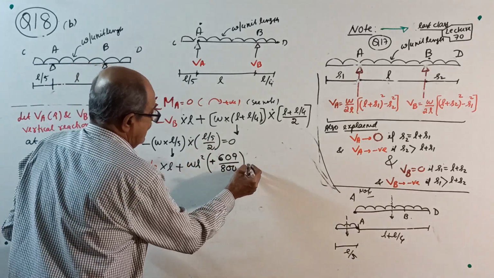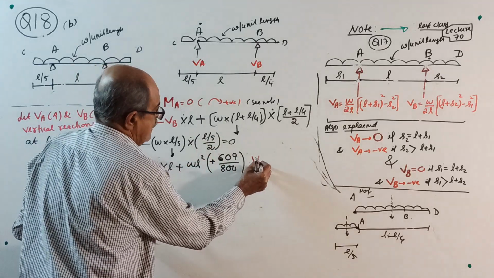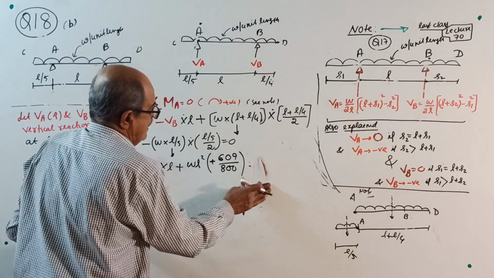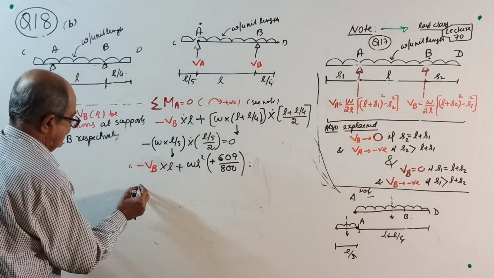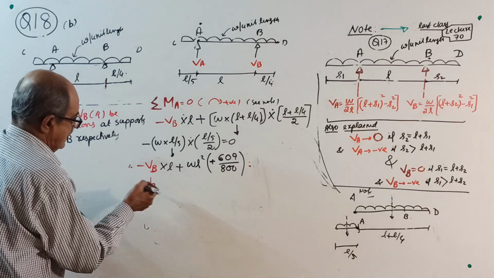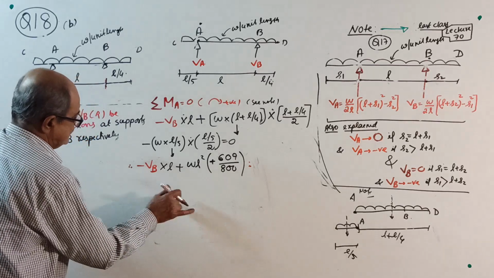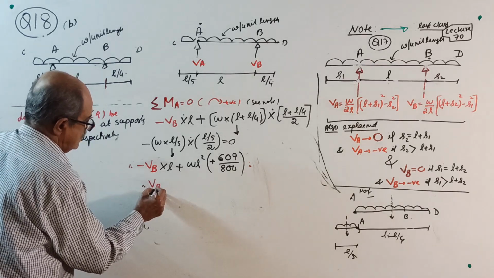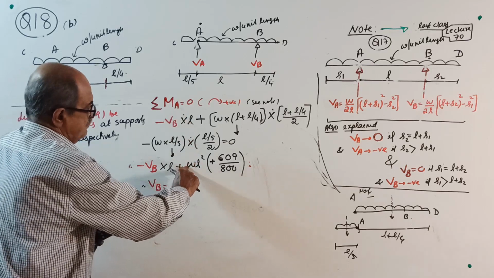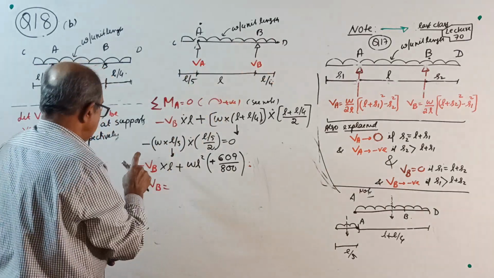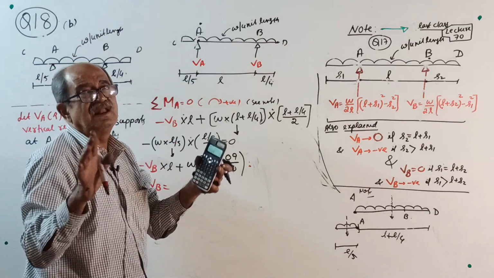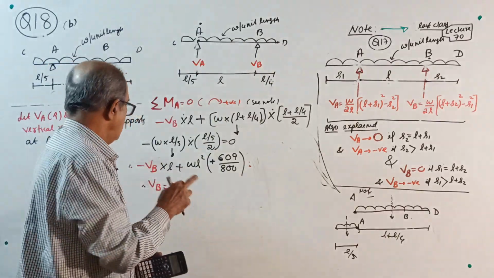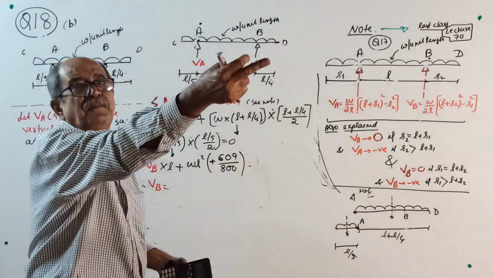Therefore, you will get VB. Once again I told you, high school mathematics. Therefore, your VB equals, plus becomes that side minus. This minus, that minus will cancel. Or this minus, take that side, plus.